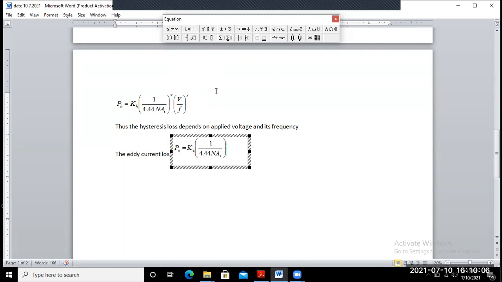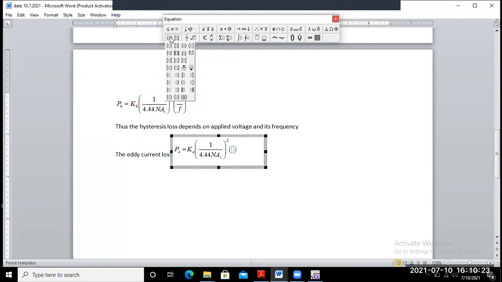the whole to the power 2, into V by f whole to the power 2.